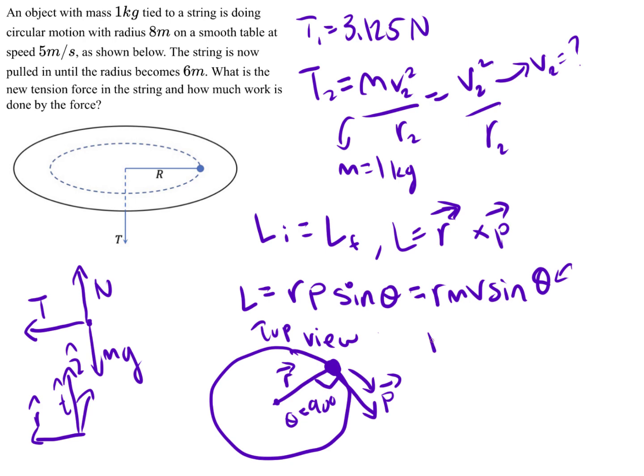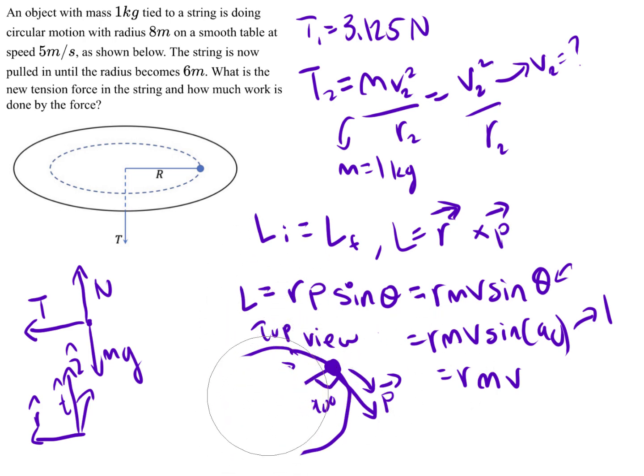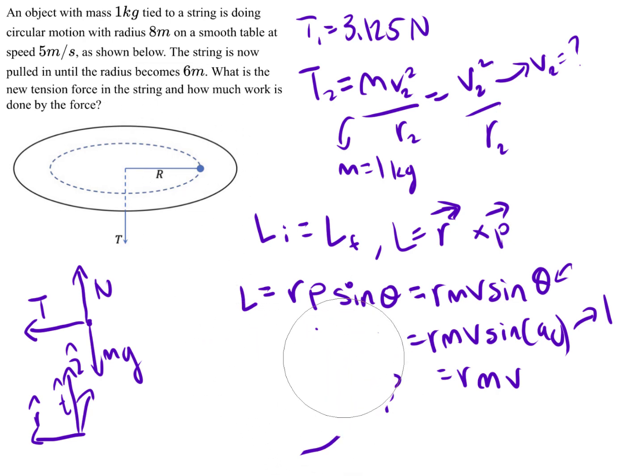So this becomes RMV times the sine of 90 degrees. And the sine of 90 degrees is simply equal to 1. So this is simply equal to RMV. And this is only for circular motion. In other sorts of motions like ellipses, this would become slightly more complicated. But since our object is undergoing circular motion, we only need to use RMV.